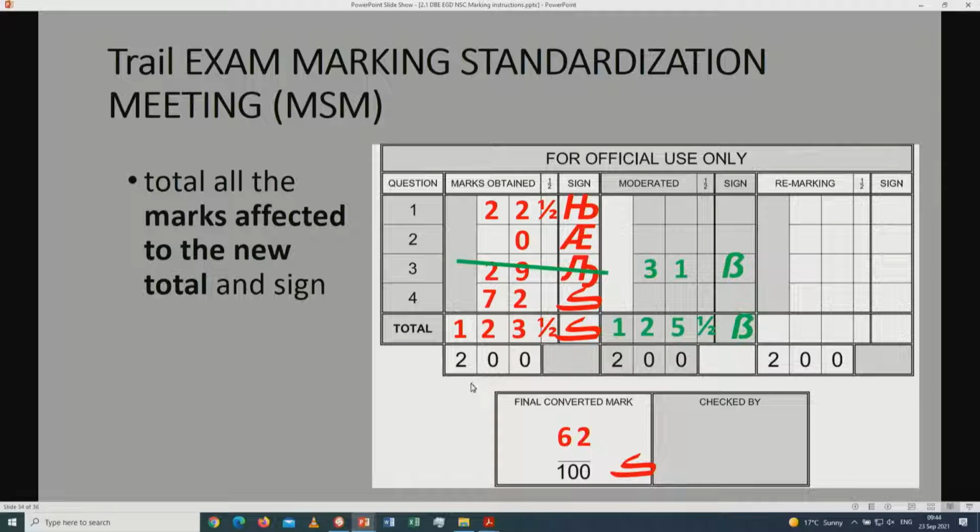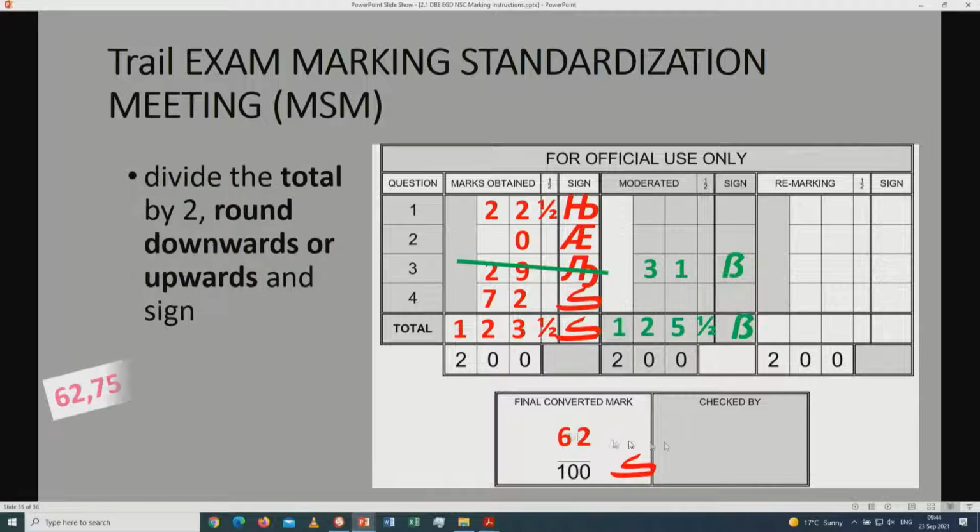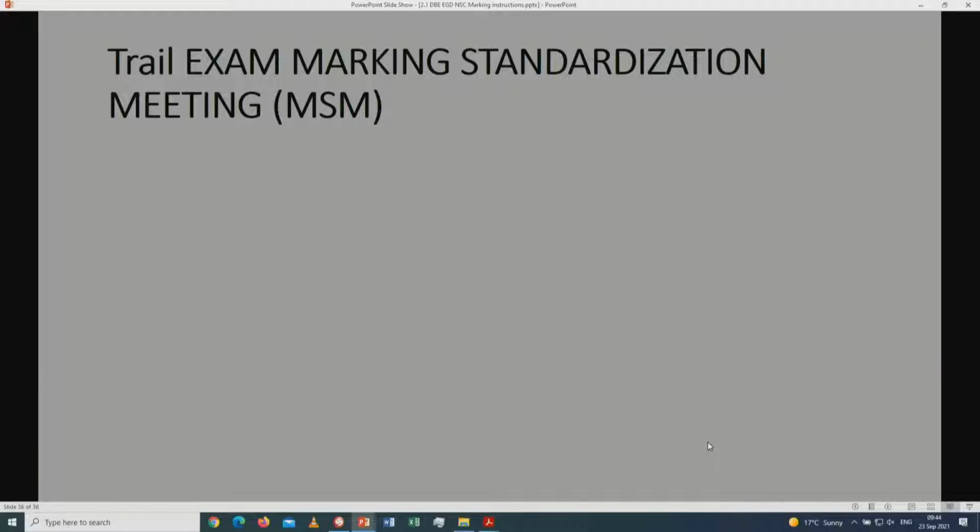Now if the HOD or your colleague is moderating this paper and he gets a different answer over here, he gets 31 for that one, that's your HOD, then of course that will change, and the total will also change. If you divide that into that, then that gives you 62.75, so he now got 63% for this exam itself. All right.